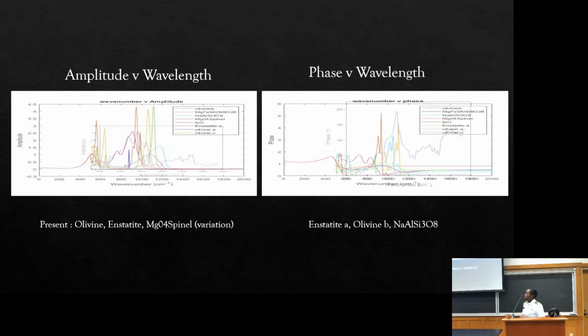We expect it to be another variation of a spinel because it's shifted a little bit instead of matching exactly. On the phase and wavelength, we do the same thing, and then we can identify that there is enstatite A, olivine B, and there is more on here, but that'll take more time to go over exactly.